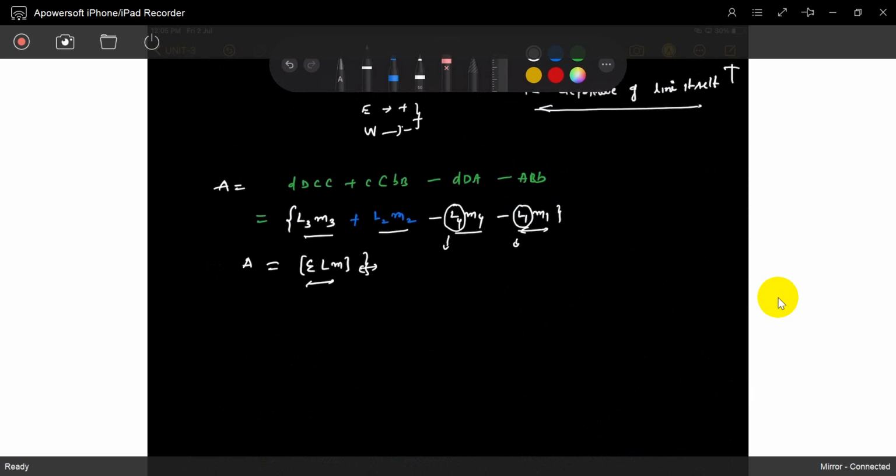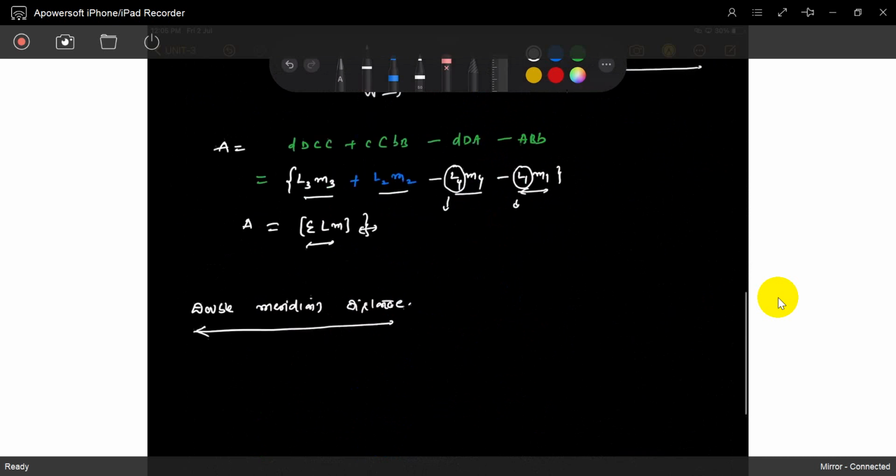I will do one problem. Same thing, it's the double meridian distance, same formula.